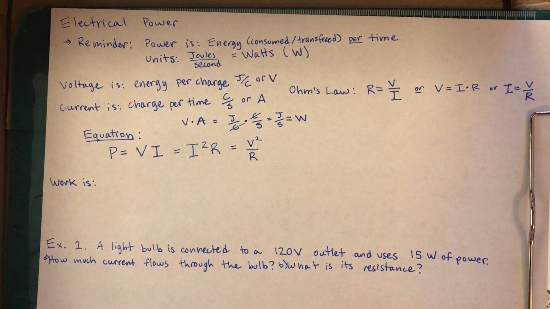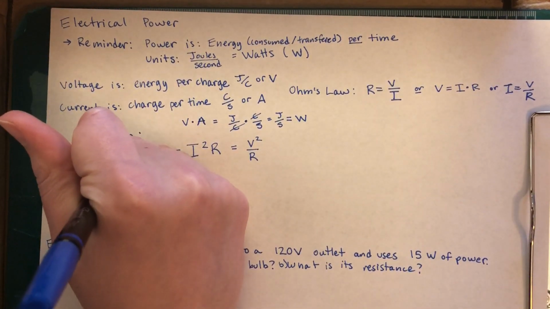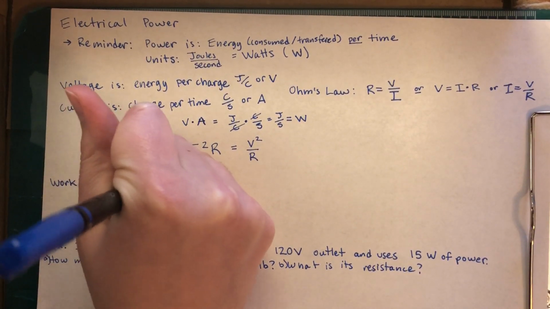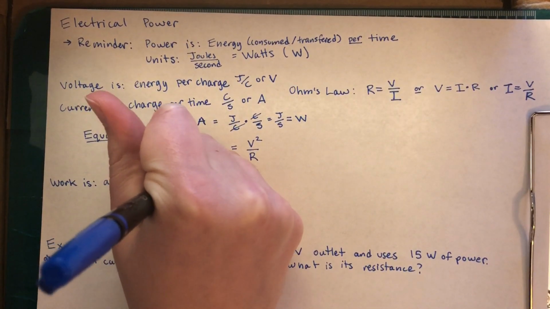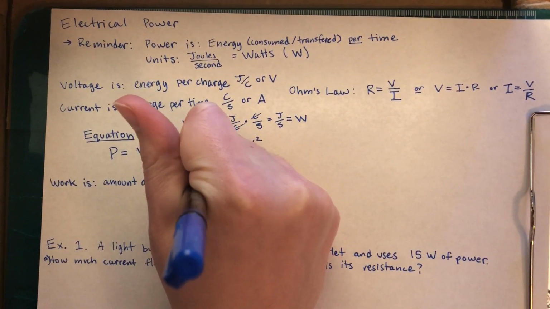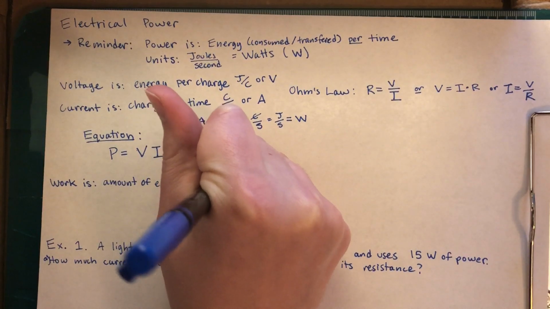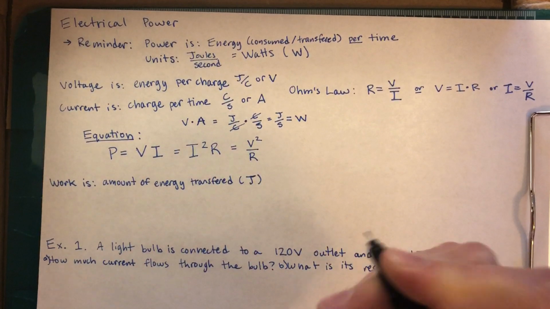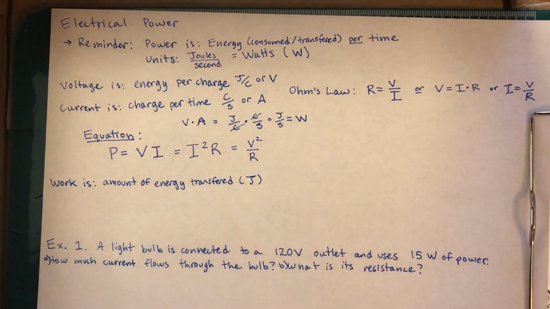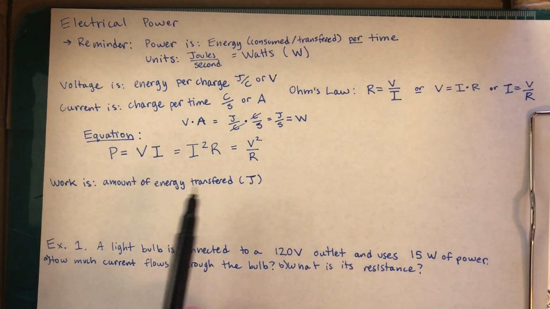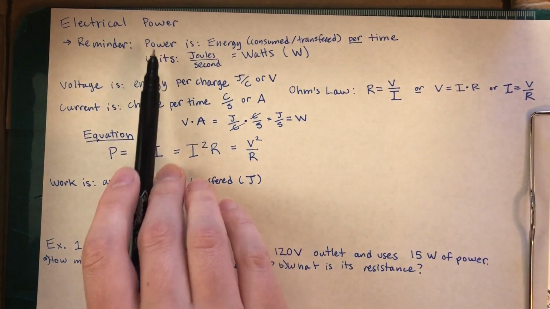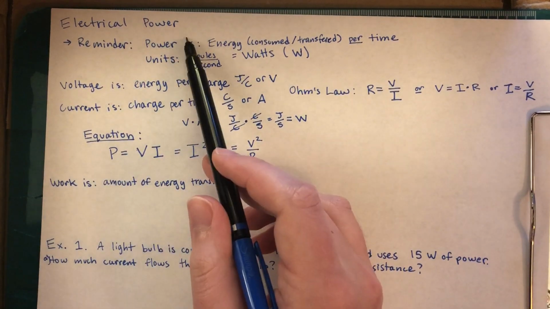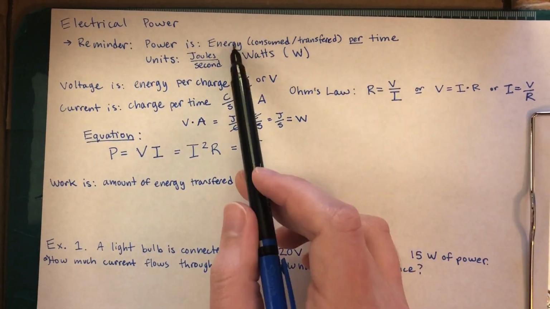Okay. So work is basically the amount of energy transferred. So its units are joules, because it's basically energy. So, to find the relationship between the power and the work, power is energy per time.